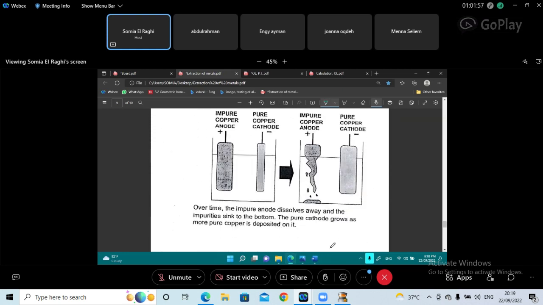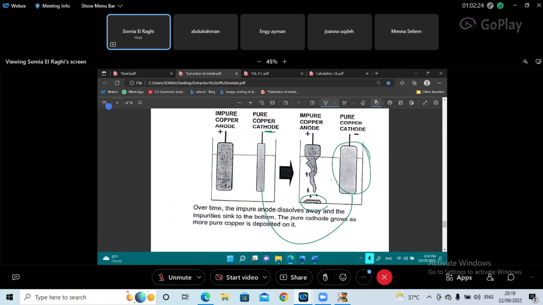You see the anode dissolves. What is the meaning? Impurities remain here. You see the cathode area, which is negative. It was thin. What happened after? Exactly, it gets thick. That means the mass of the cathode increases with time because the copper, the pure metal, is deposited at this area.